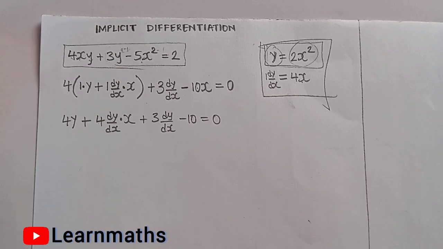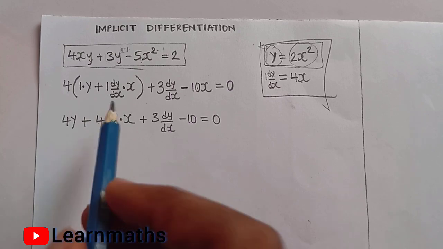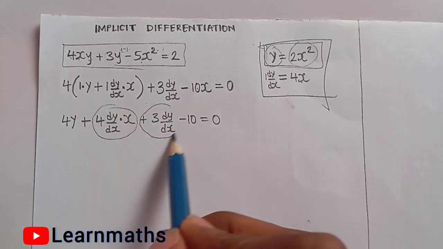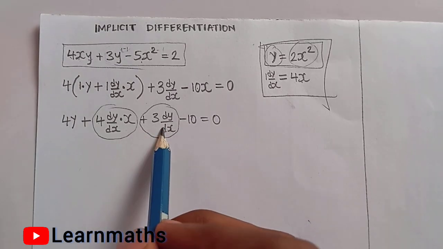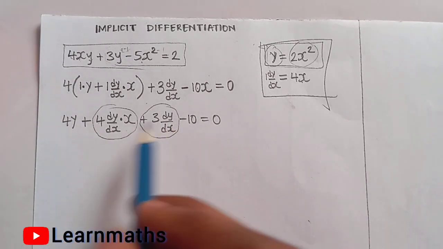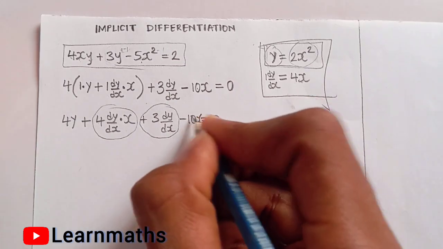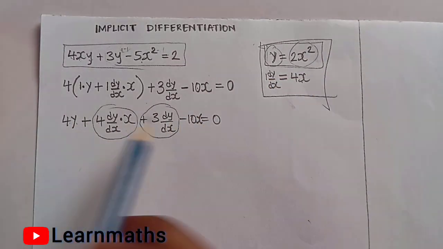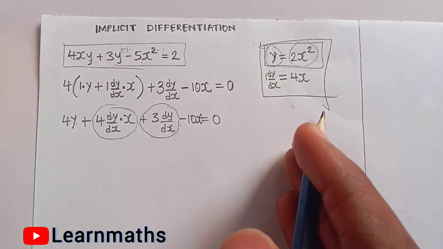The terms with dy dx attached to them, I'm going to keep on the left hand side. Those terms without dy dx, like this 10x, I'll keep on the right hand side.